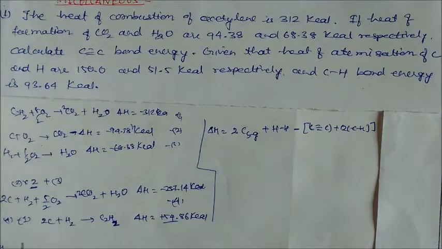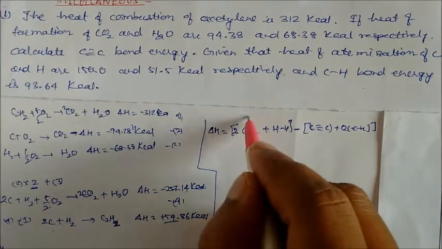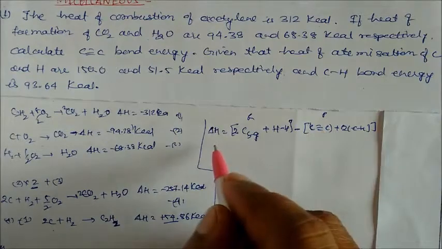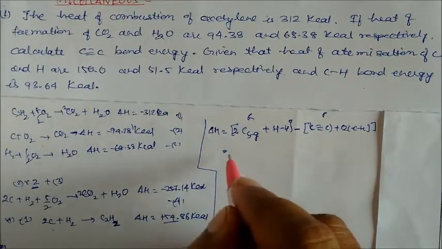Acetylene means there are 2 carbons. This is the reactant and this is the product, so reactant minus product will give you delta H. Delta H is given here.